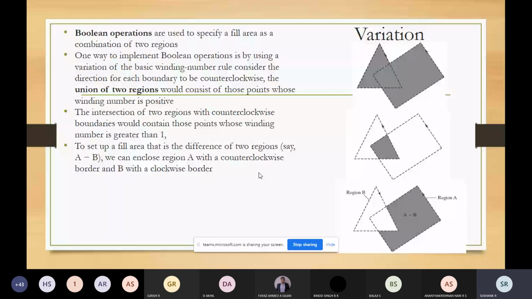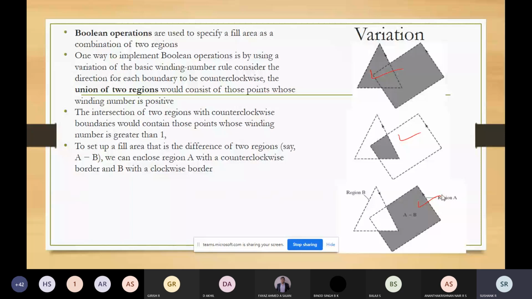So the same winding number has some variations applied using Boolean operations. This is an example of union, intersection and difference. One considers the union of two regions, in the second case the intersection of two regions, and in the last the difference between two regions A and B. So these are the variants of the winding number.